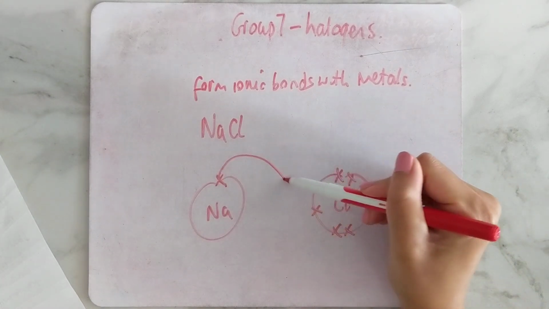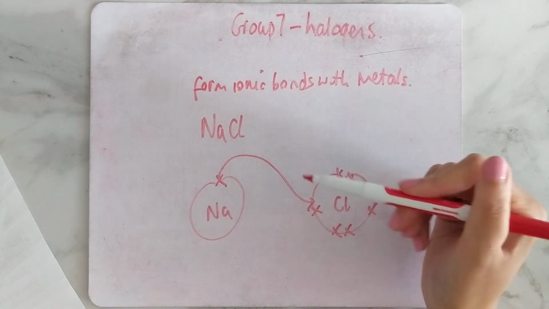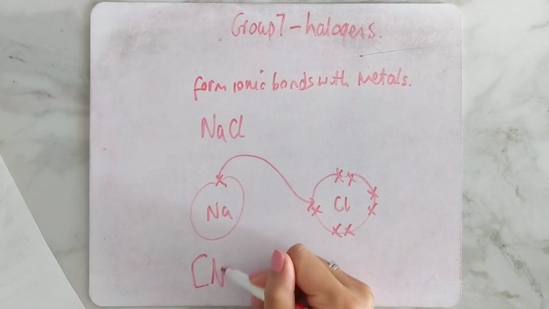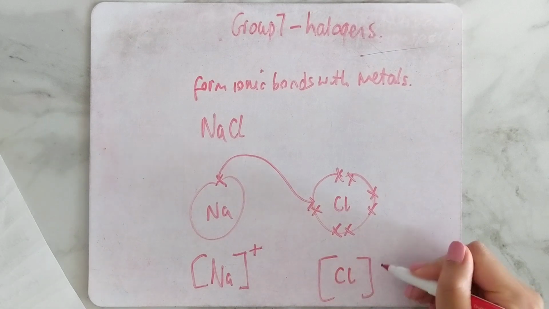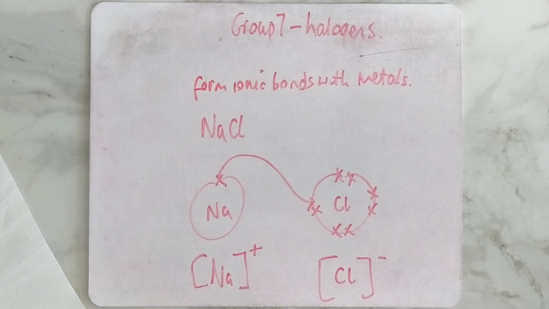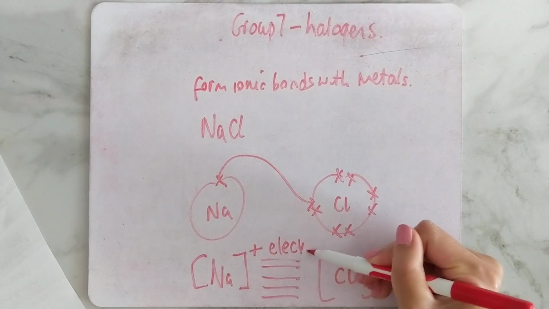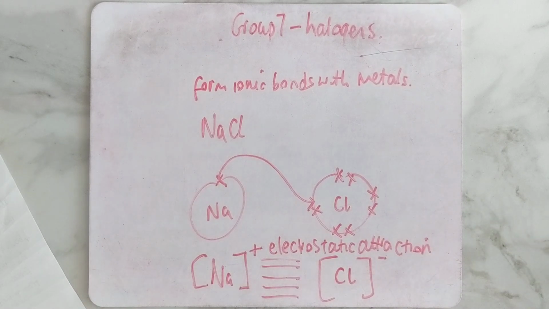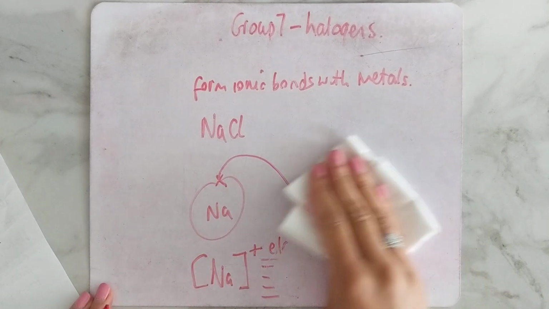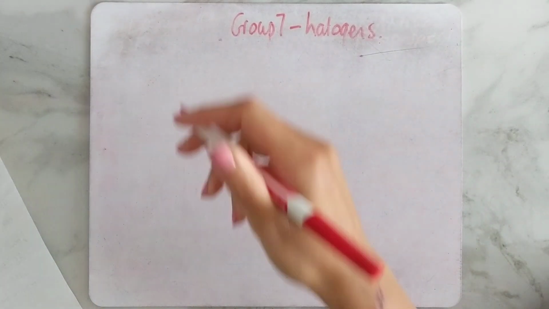The sodium can give an electron to chlorine, which needs 8, in order to form Na+, because we've lost an electron, and Cl-, because we've gained an electron. And this electrostatic attraction between the positively charged ion and the negatively charged ion is what forms the compound NaCl. That's ionic bonding, this electrostatic attraction, which basically means positive and negatives attract, which we know from magnets and things like that.